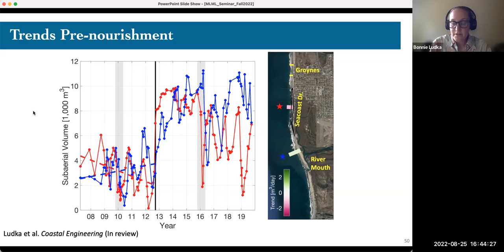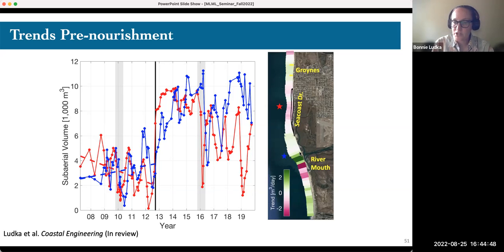And down by the river mouth before nourishment, we saw that those sand volumes were actually increasing. That's denoted by this green color here. And if we plot that all along the coast, we see that there's this erosion signal in the vicinity of Seacoast Drive and some accretion happening near the river mouth.